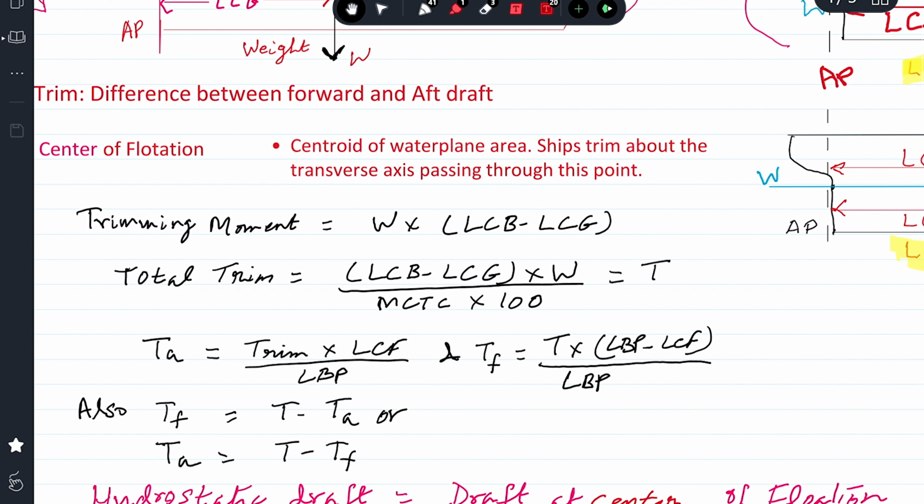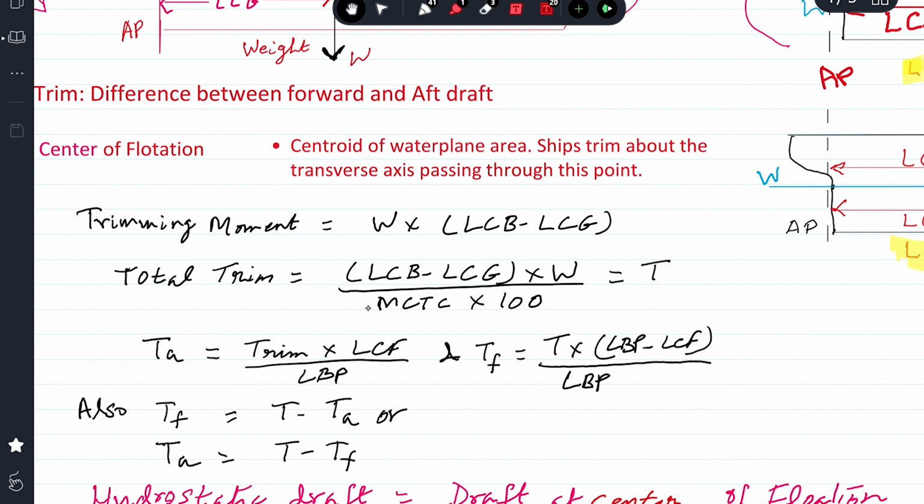And if the trim is coming in negative, obviously LCB is smaller than LCG. Then trim will be negative and it will be by head. That indicates that trim is by head. So in that case, you add TF to the hydrostatic draft.